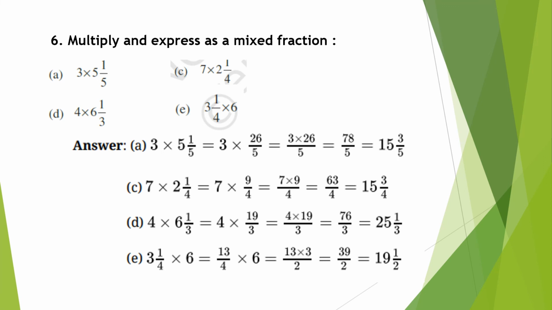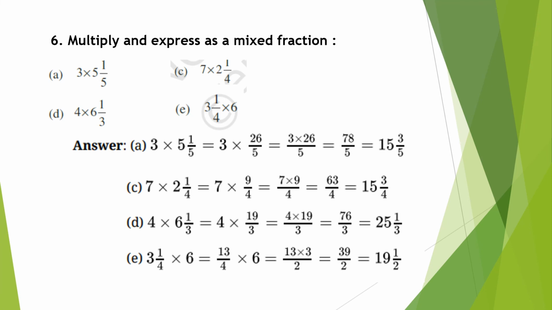Next question D, 4 into 6 integer 1 by 3. So the first one, 4 into, we can convert 6 integer 1 by 3, that is 19 upon 3. Now we can multiply the whole number with the numerator of the fraction and keep the same denominator.